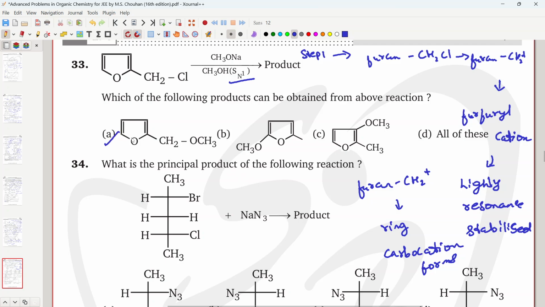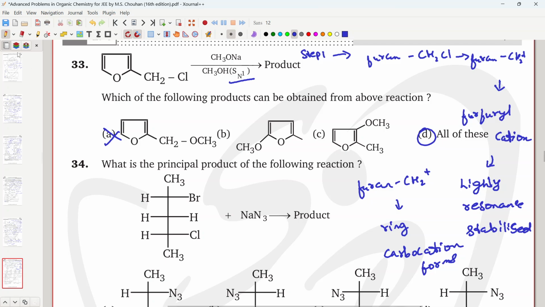So, option A. Attack at the resonance positions on the ring, the carbocation positions, gives products B and C. But since the question states SN1, SN1 proceeds through the delocalized carbocation. All 3 reactions are still possible. So, option D is the correct answer.